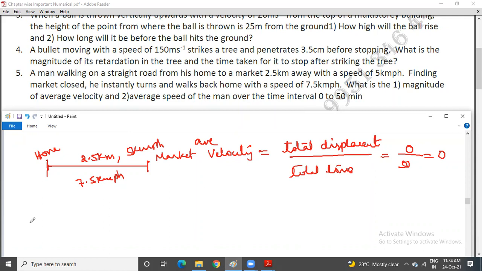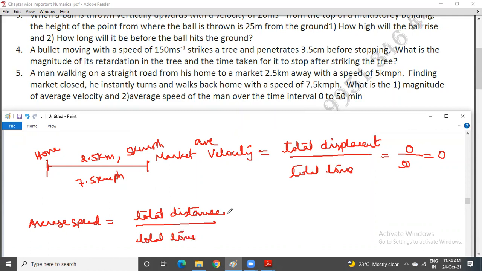Now coming to the average speed. What is the average speed? It is total distance by total time. What is the total distance to be covered? 2.5 kilometers in the upward journey, 2.5 kilometers in the downward journey, because distance is the actual path between initial and final positions.